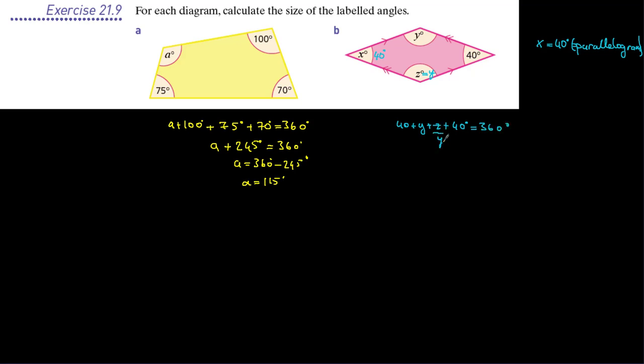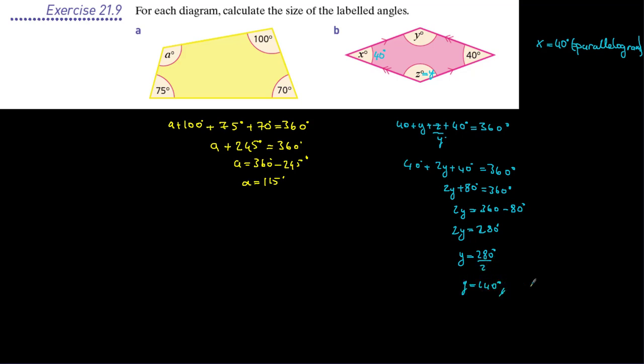And we mentioned that z is equal to y, which means 40 plus 2y plus 40 is equal to 360 degree. 2y plus 80 degree is equal to 360 degree. 2y is equal to 360 minus 80. 2y is equal to 280 degree. Y is equal to 280 divided by 2, which is equal to y is equal to 140 degree, it has to be.